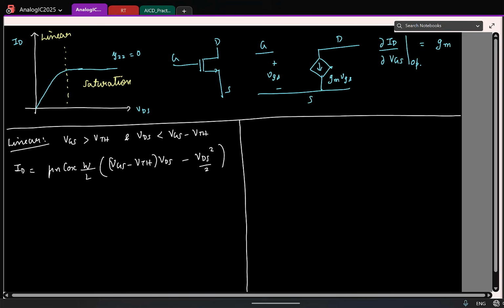Now these parameters mu n, Cox, VTH are all sort of constants, so as designers you don't have control over them. The only things that you can control are the width of the transistor, the length of the transistor, the operating point VGS and the VDS. The ones I have marked in green dots are the only things that you can control as a designer of a transistor.